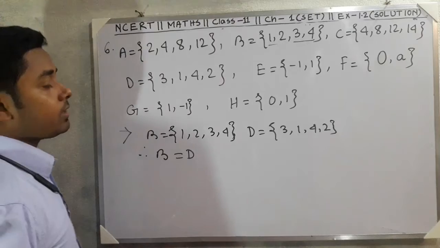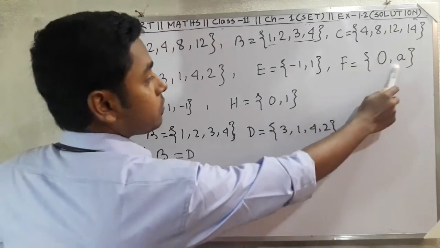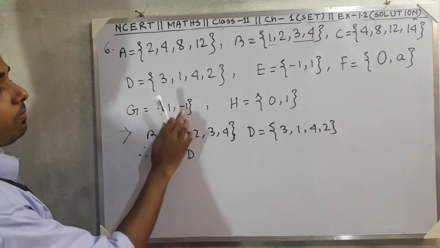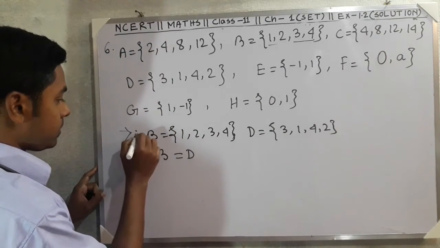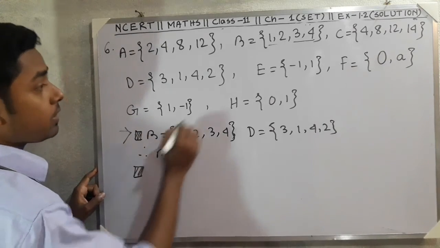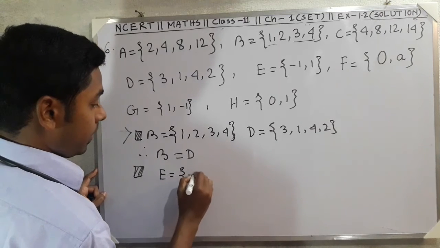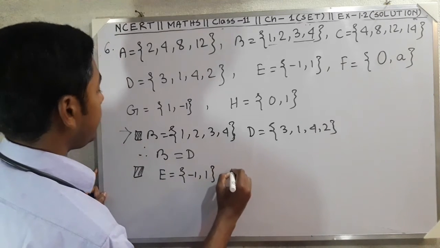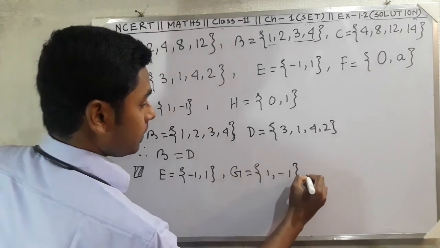Check another. E is equal to minus 1, 1, and G is equal to 1 comma minus 1.